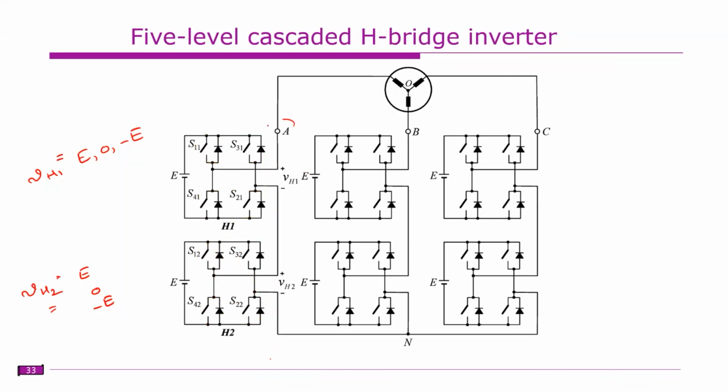So if you measure the voltage across A and N, if this voltage is E and at the same time this voltage is also E, you will get 2E voltage. In other words, if you turn on these two switches and these two switches, you will get 2E across VAN.